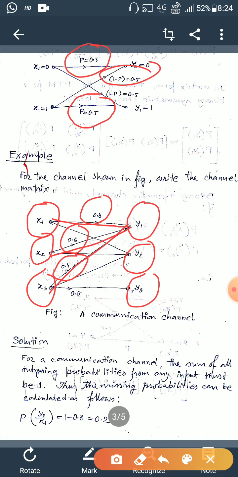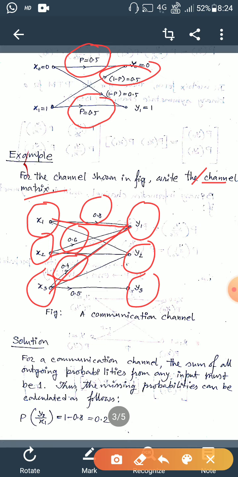Now the question is that you have to build the channel matrix. How can you get this? You just recall the probability properties, the joint probability properties.